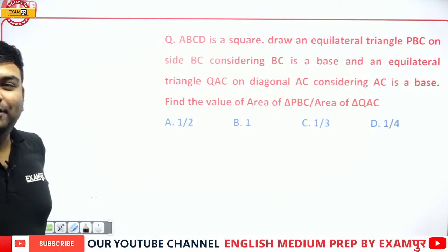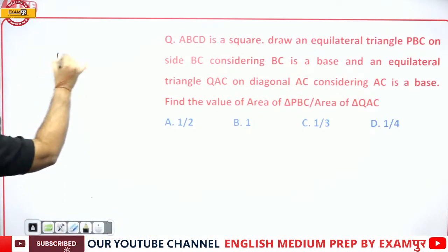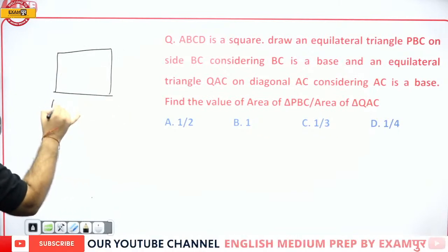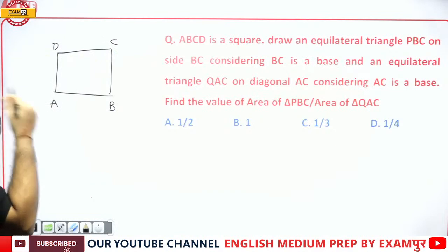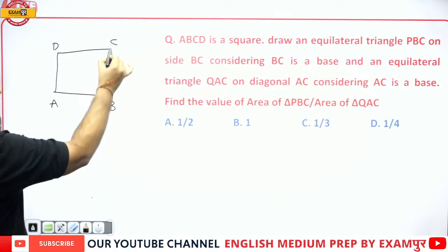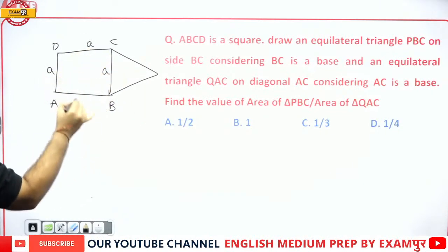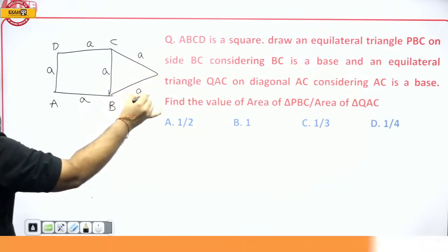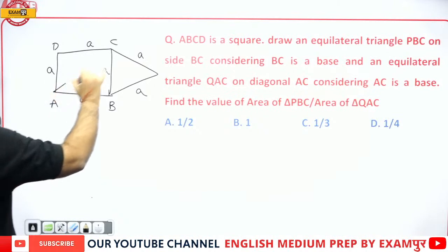Now be fast. ABCD is a square. Draw an equilateral triangle PBC on BC, and an equilateral triangle QAC on the diagonal.